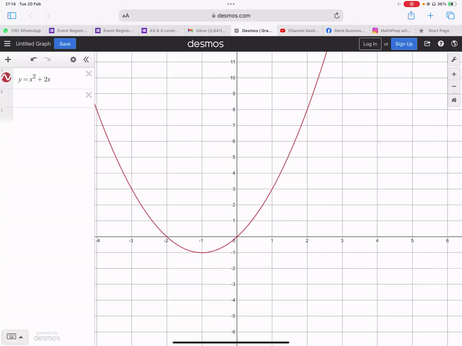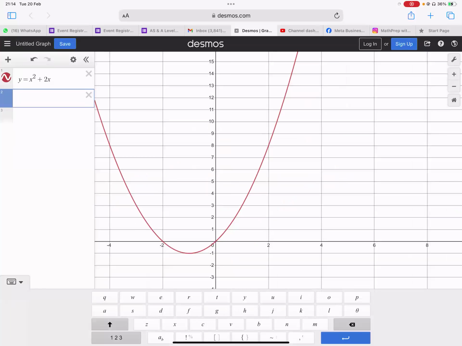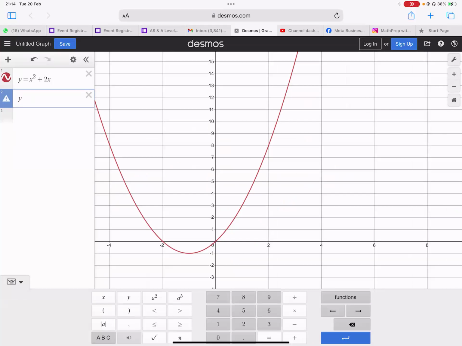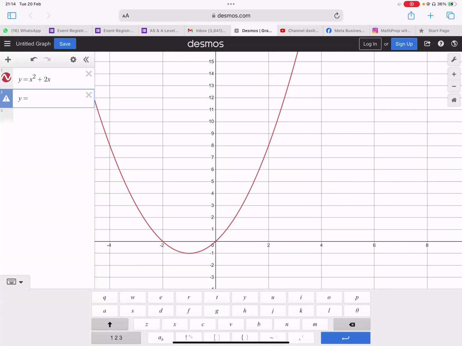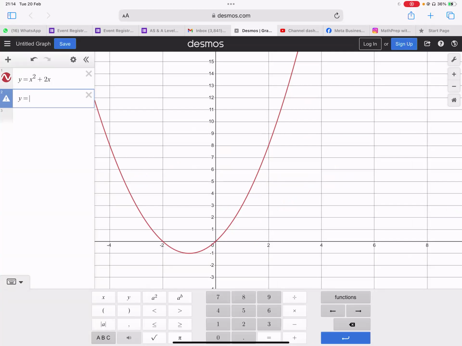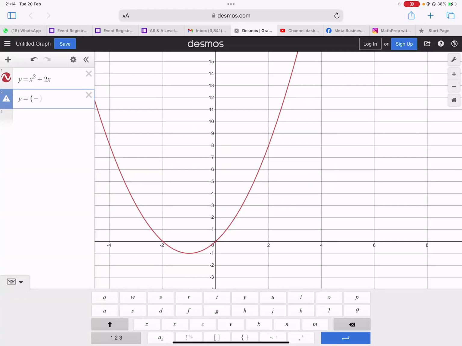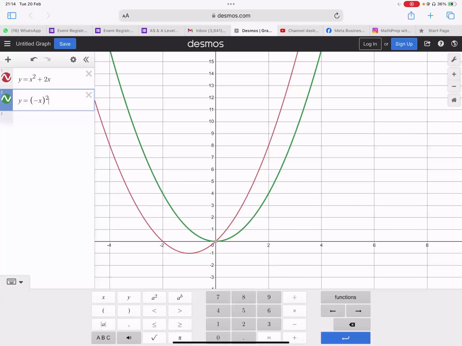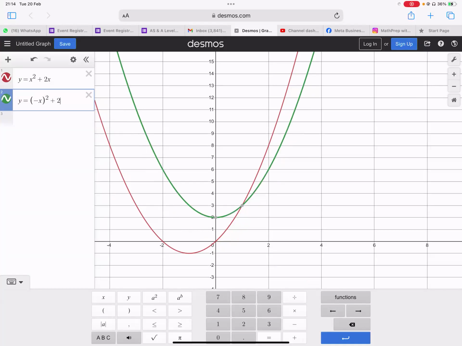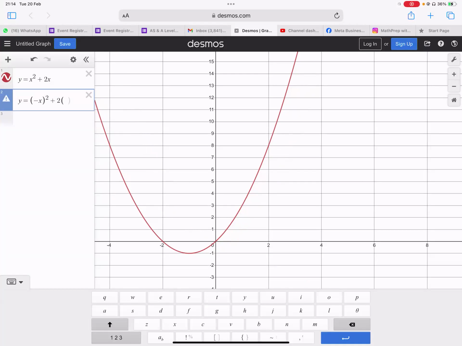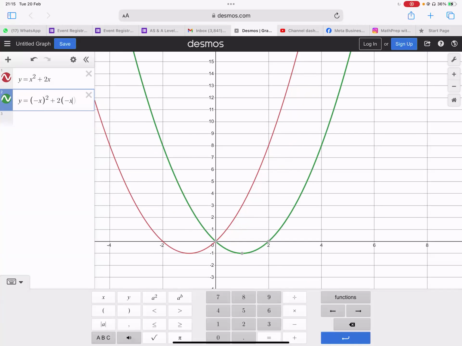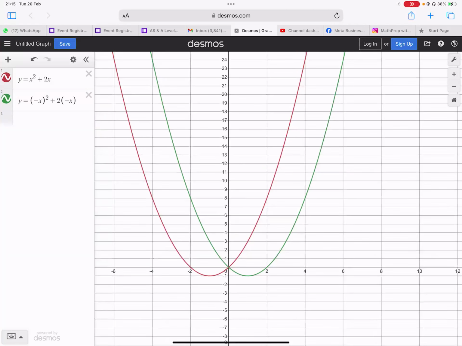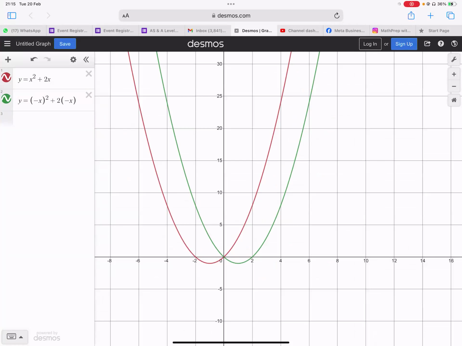So basically, if you replace x with something else, for instance, x with minus x, you can see what happens. It will become minus x whole squared plus 2 times minus x. So when we replace x with minus x, you can see the two graphs are reflections of each other, the red graph and the green graph.